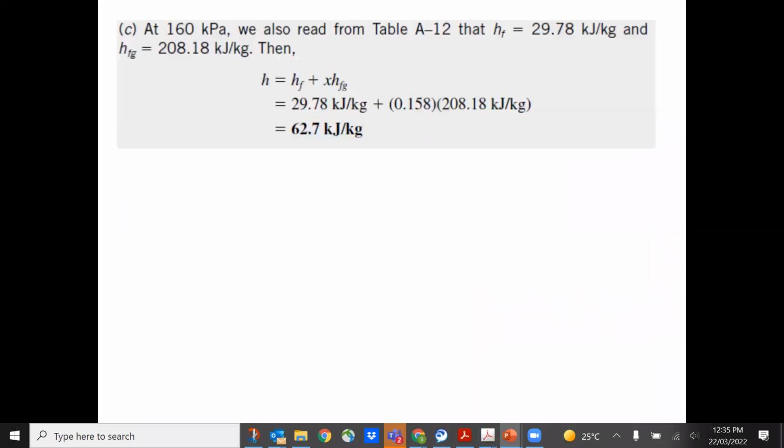Okay, so any question? Also of course you can find the other values, like H average, because this is H average of two-phase flow. You need to find HF from the tables and also HFG from the table. You know X is already found from the last step. Easily substitute them in this equation and you get the enthalpy of the two-phase flow.